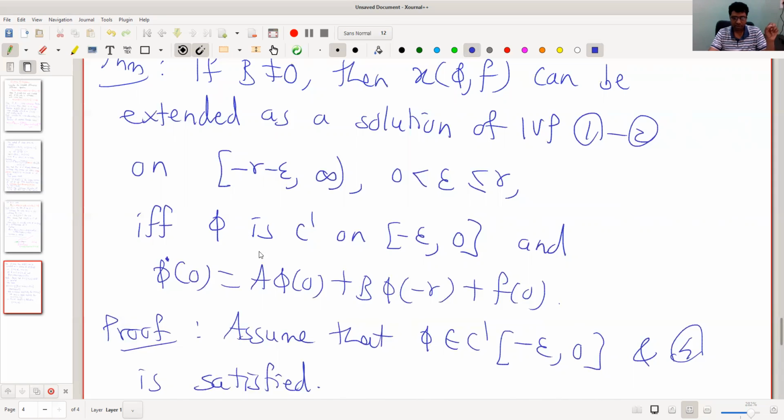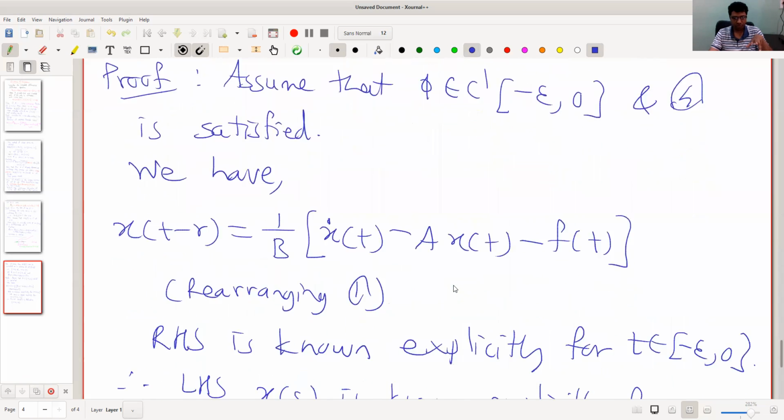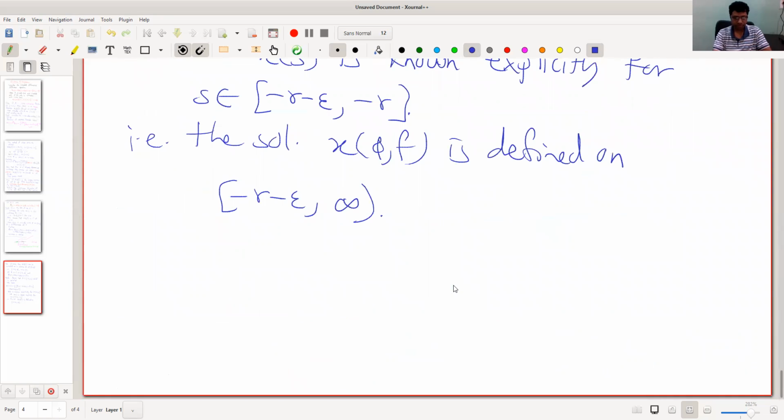So further, phi should be C1 on this interval minus epsilon to 0, and it should satisfy this equation. Phi dot of 0 should be the same as this. Okay, so the converse is obvious.